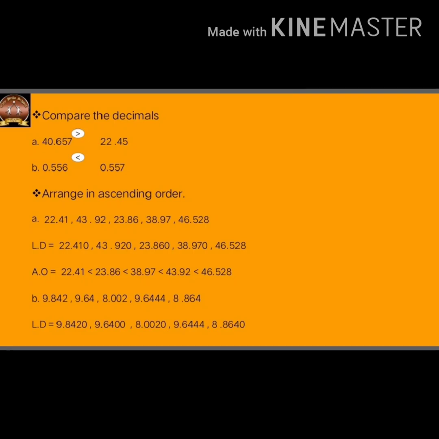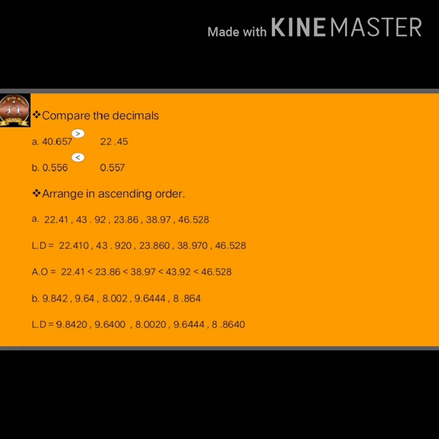Now I move to the 1000th place. To the left I can see 6 and to the right I can see 7. So the decimal number 0.557 is greater than 0.556.